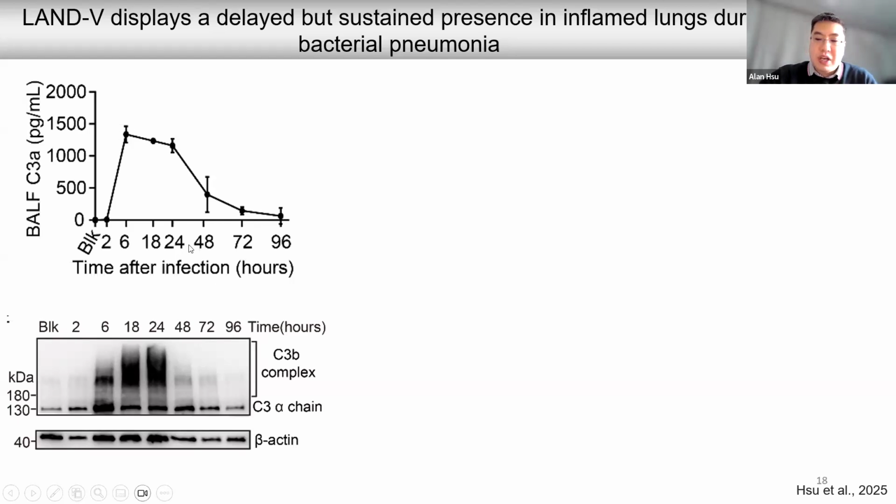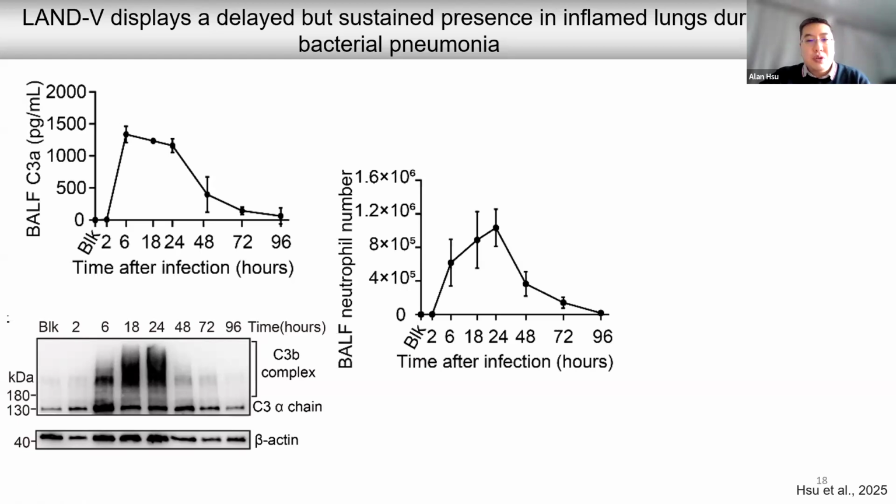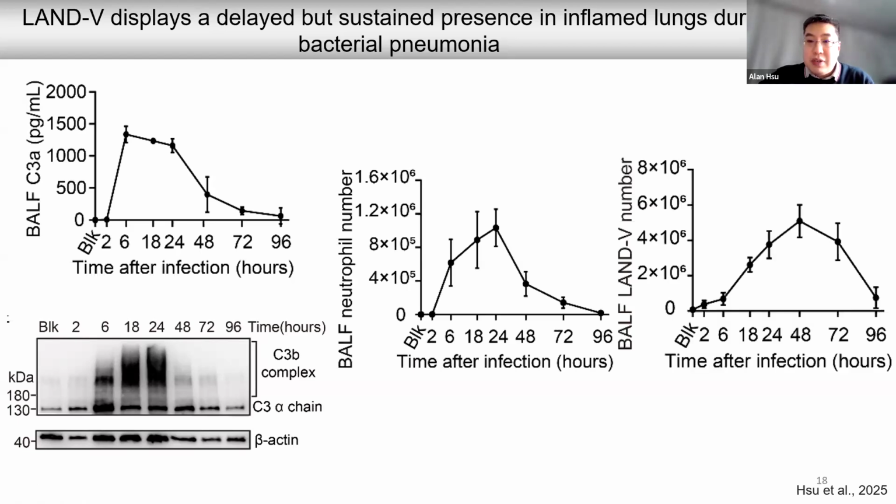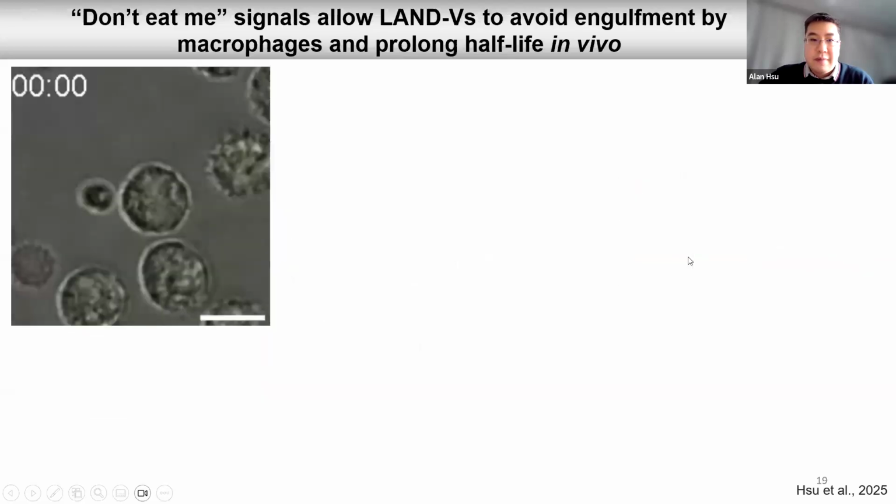Same thing with the C3b complexes, suggesting that it's acute at 24 hours. The neutrophil number also matches this, peaks at 24 and rapidly drops out at 48. However, the LAND-V numbers in vivo all peak at 48 hours and persist to 72 before dropping off at 96, suggesting that LAND-Vs actually are enriched when neutrophils are already gone.